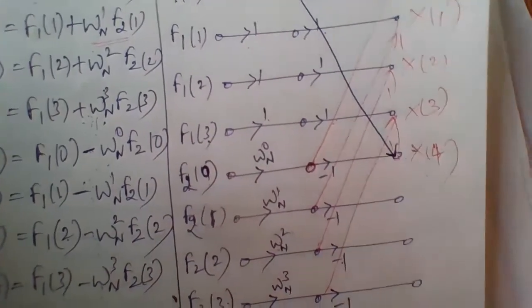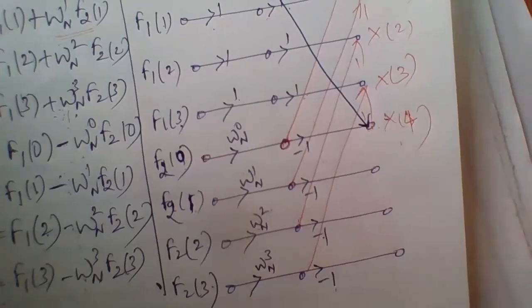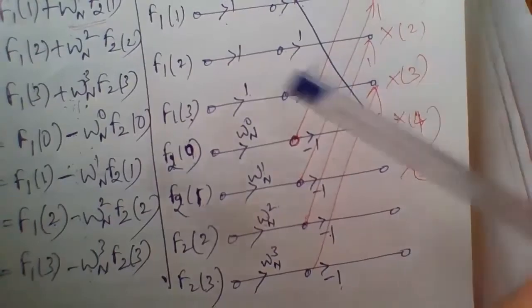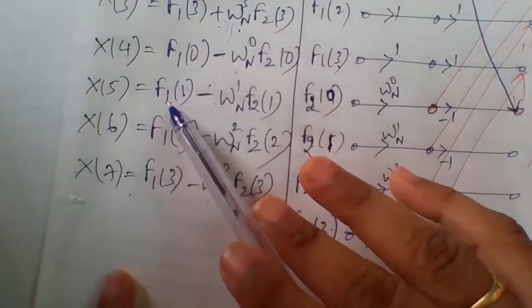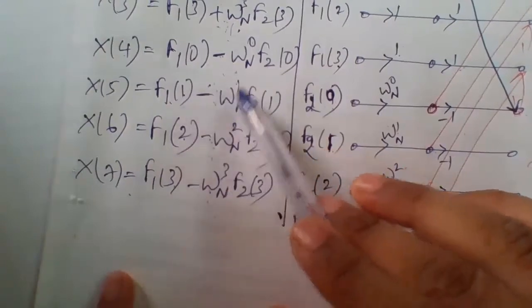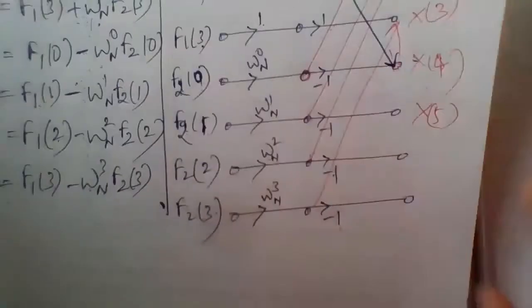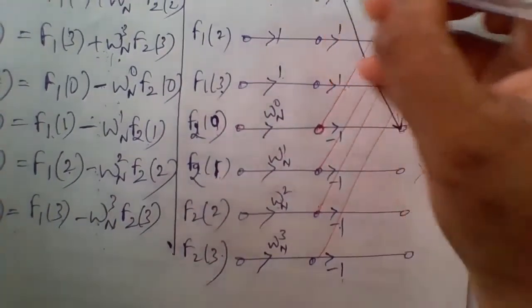Similarly, here what I am generating next is x of 5. What is x of 5? Go to the equation. X of 5 is the sum between f1 of 1 and w is minus 1 into w is 1. Therefore, on the signal flow graph we have already filled all the information into the symmetrical.